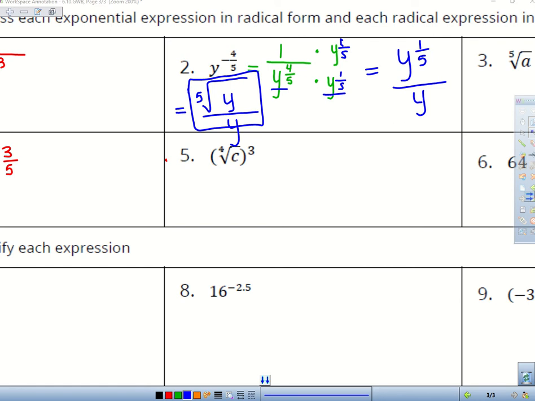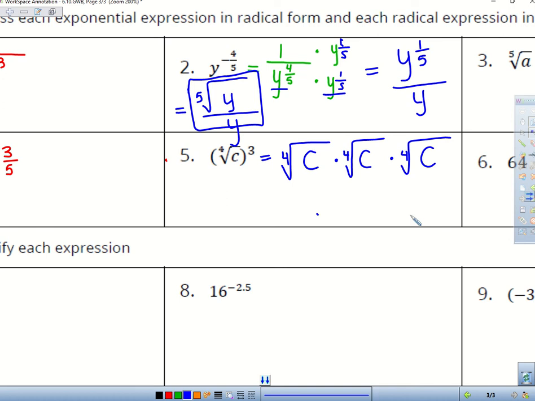Let's go ahead and do number 5. For number 5, as you can see, the power is on the outside. Okay? So let's go ahead and look at this. This is going to be the 4th root of c times the 4th root of c times the 4th root of c, because we're doing it to the third power.